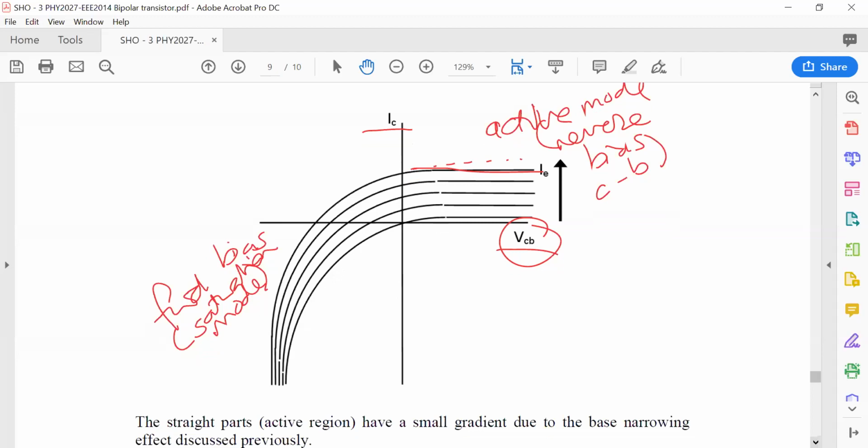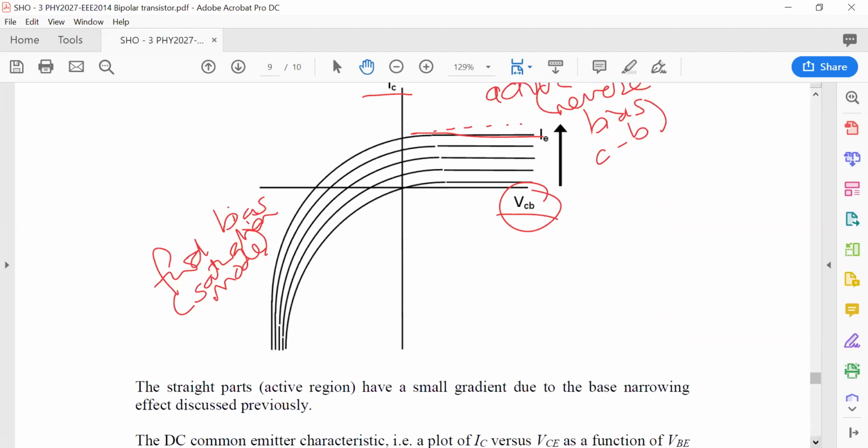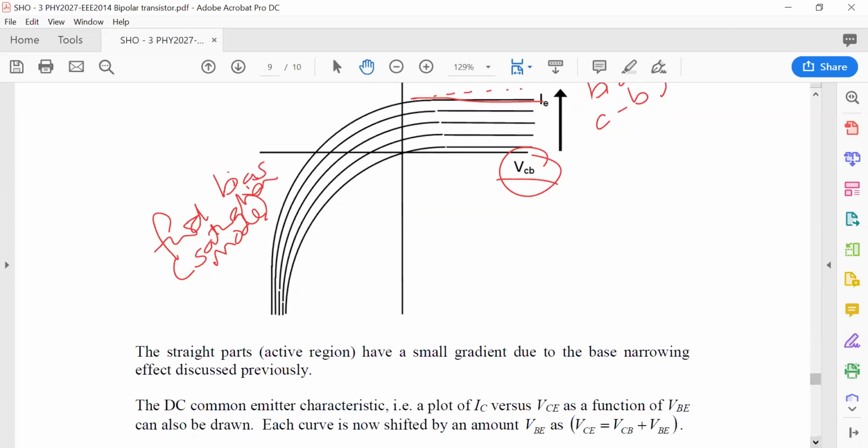The other thing that is interesting is that this is really plotting only the output current as a function of the collector base voltage. But in fact, we often want to plot the collector current as a function of VCE, the total voltage applied. The total voltage applied is the sum of the voltages on both of those diodes, the one between the collector and base, and also the voltage applied to the base emitter junction as well.